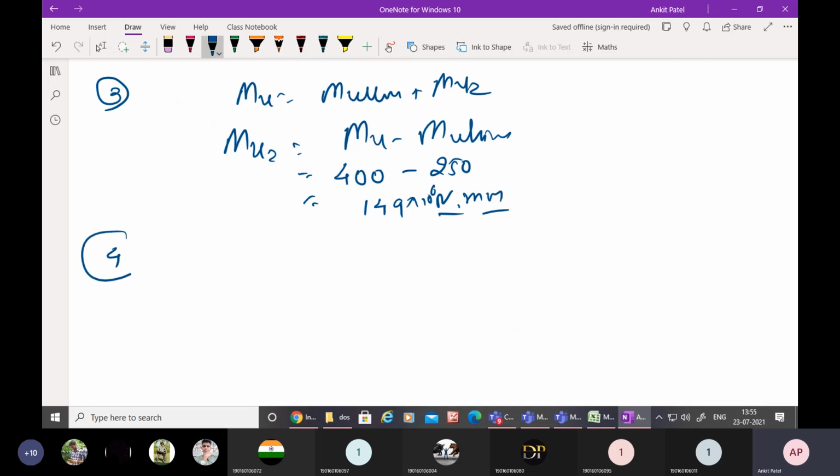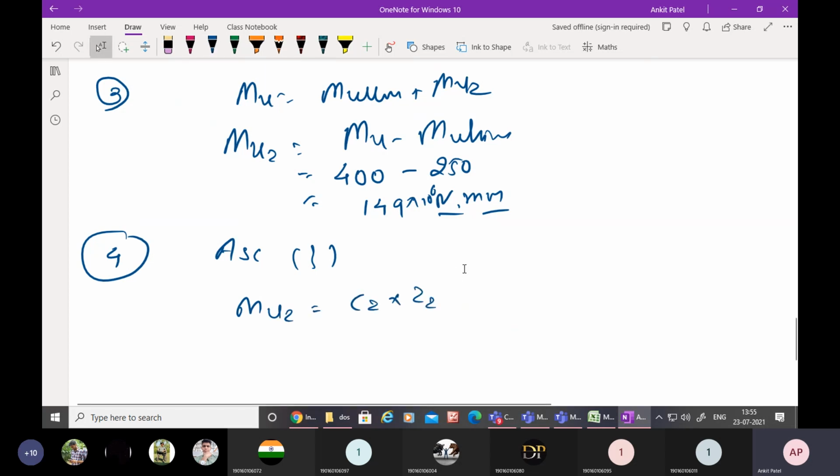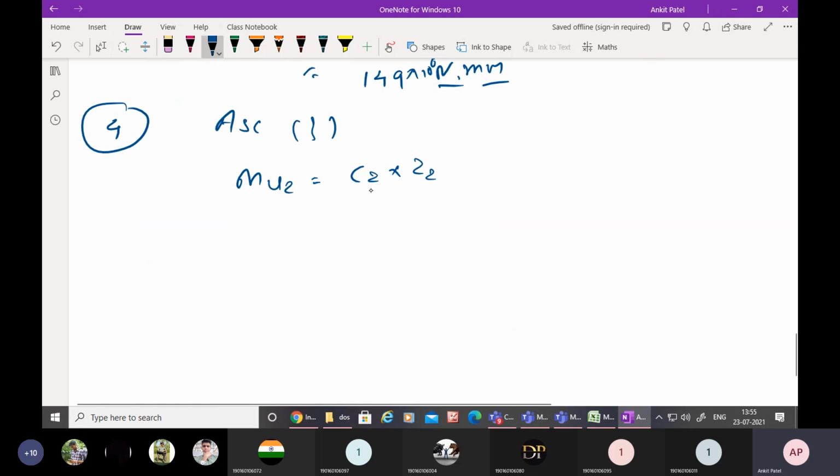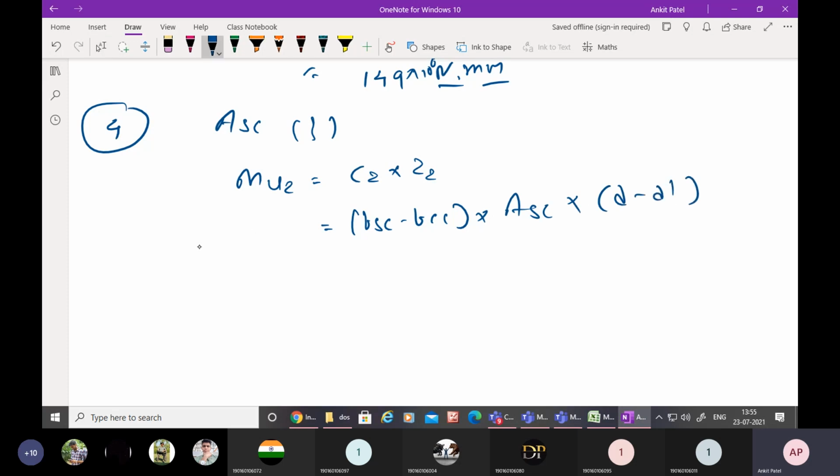Now step number 4 is to calculate the value of ASC. How to calculate ASC? MU2 is C2 into Z2. Clear? Now in C2 and Z2, the unknown is (FSC minus FCC) into ASC into (d minus d dash). MU2 is 149 into 10 raised to 6.